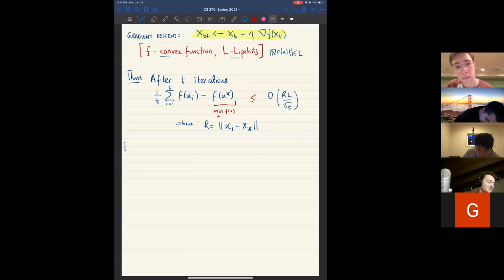Well, the proof is going to be short, but let me do it carefully because the same proof schema will appear again and again.